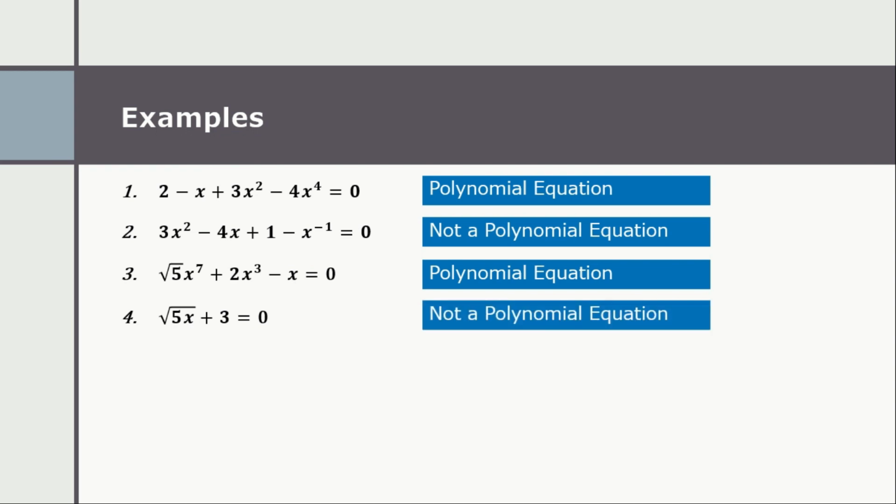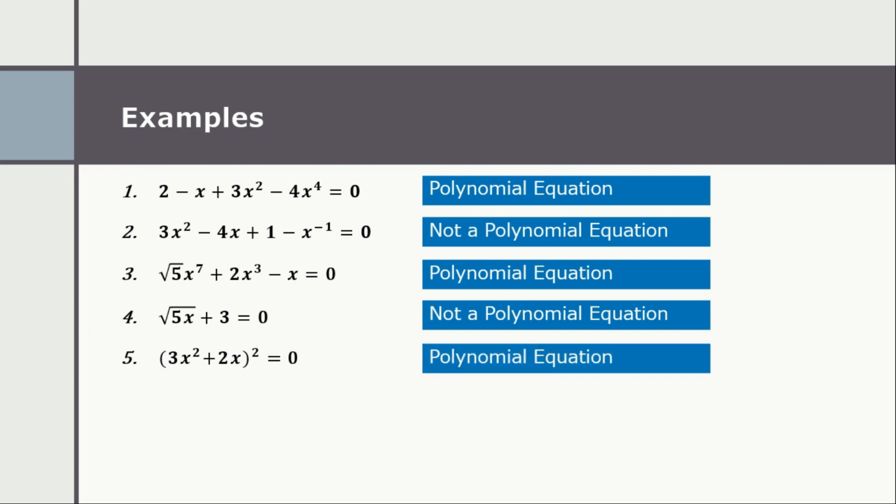This one is not a polynomial equation because the radical sign includes the variable x, which violates the definition of a polynomial. Example number 5. The quantity 3x raised to 2 plus 2x raised to 2 equals 0. This is an example of a polynomial equation because it doesn't violate the definition of polynomials.